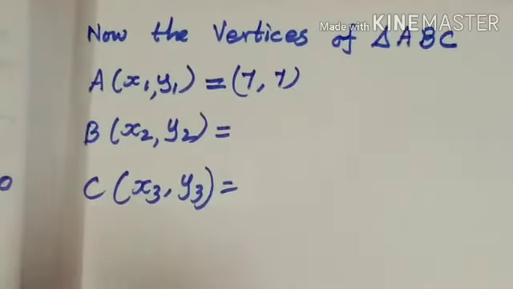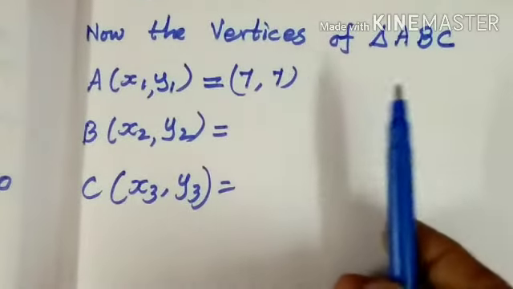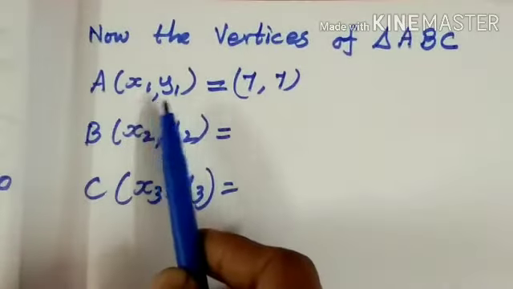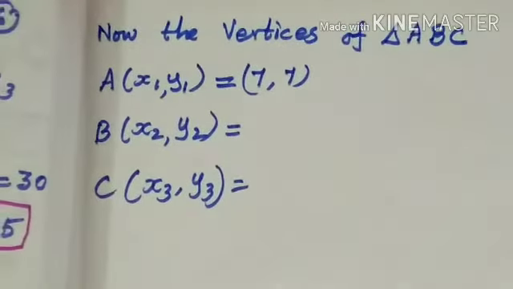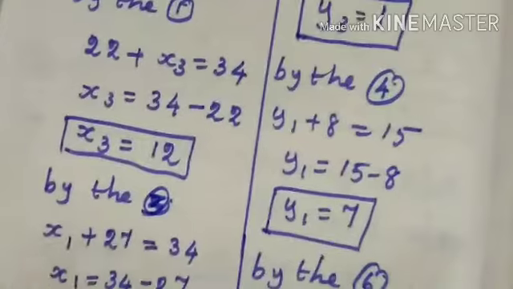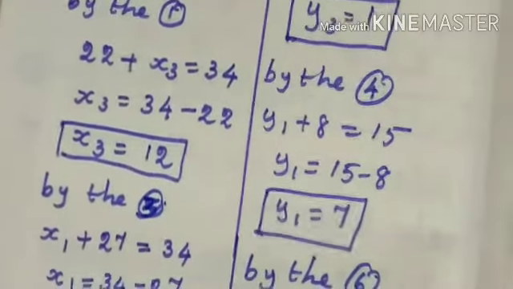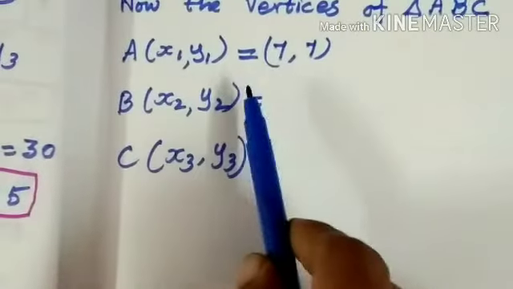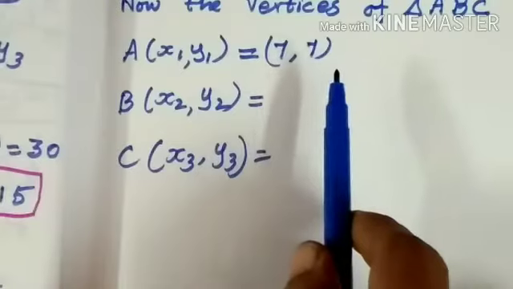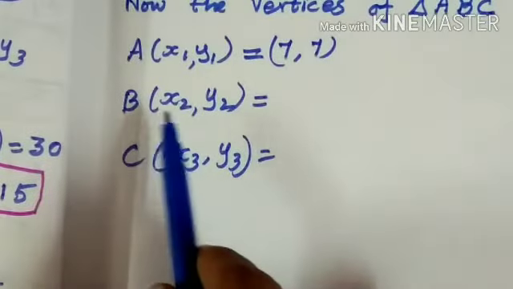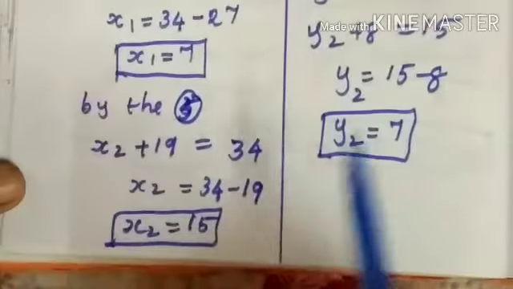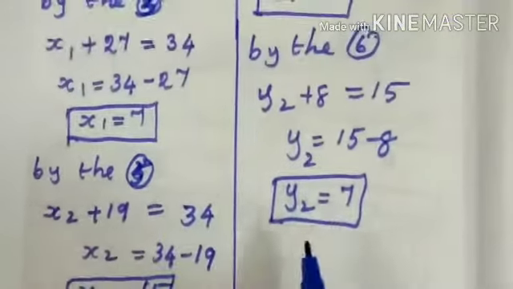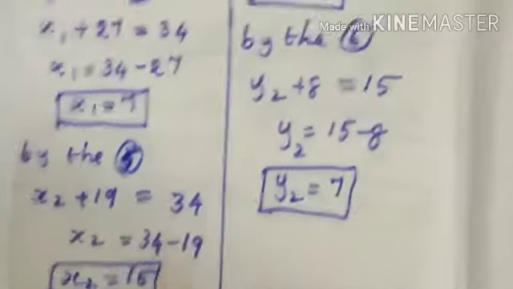Now, the vertices of triangle ABC: A(x1, y1) is equal to x1 7 and y1 also 7. Therefore, (x1, y1) is equal to (7, 7). Then B(x2, y2). See here, x2 15, y2 7.